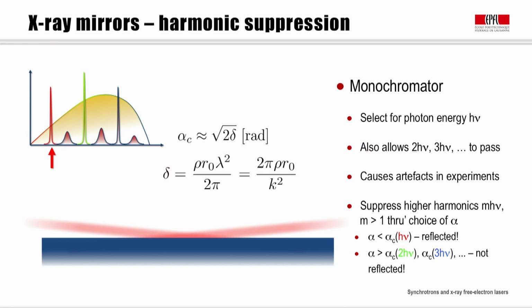If we set the incident angle to be only marginally below the critical angle for the mirror at this photon energy, then the double of this energy, i.e. the second harmonic, shown here in green, will have its critical angle below the incident angle and will only be inefficiently reflected. The third harmonic, here shown in blue, will be still less reflected.